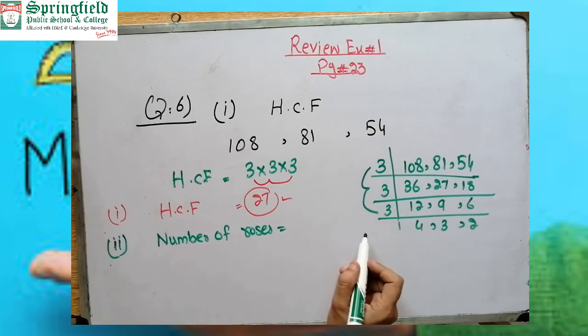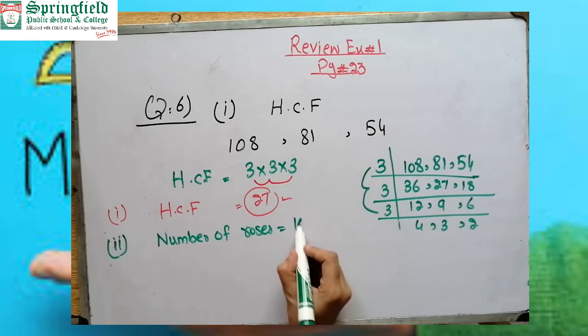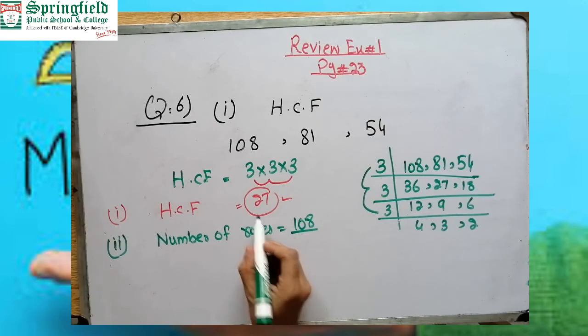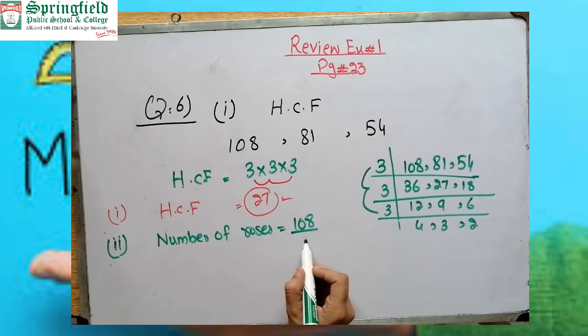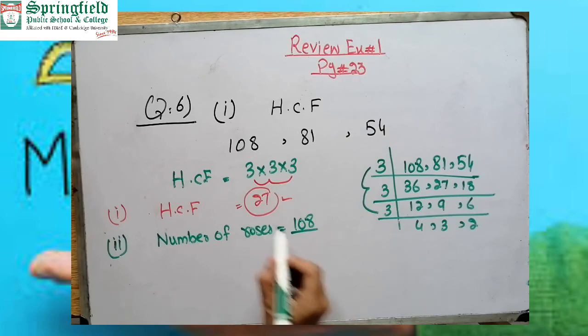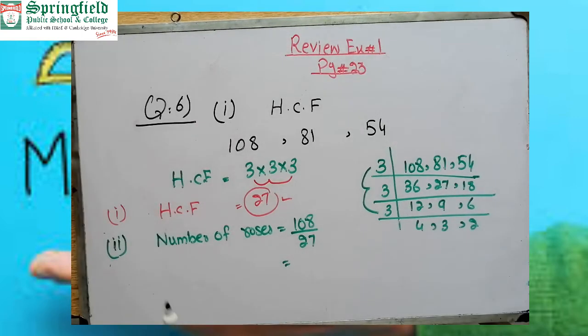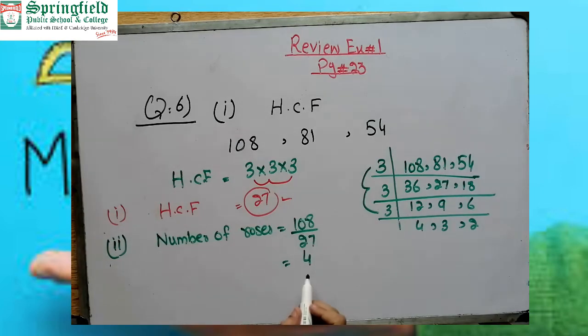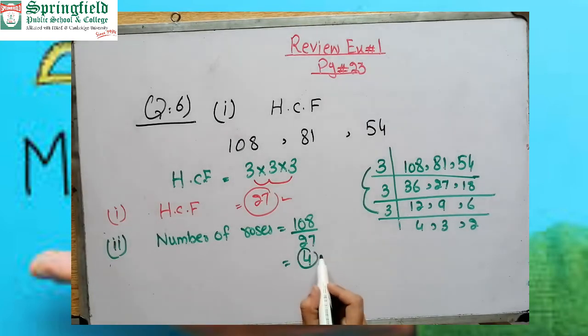It means we will write the total number of roses 108, and then divide by the number of baskets packed. How many baskets are here? 27. So when we divide 108 by 27, you will obtain 4. It means the number of roses in each basket is equal to 4.